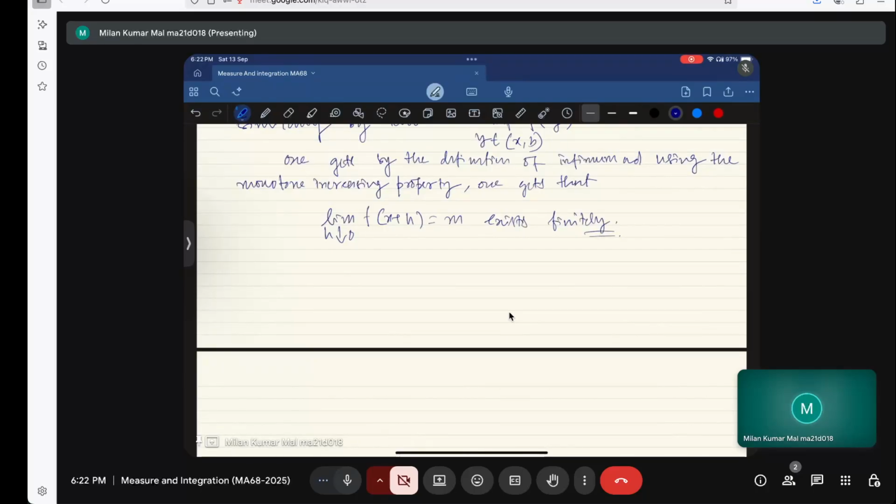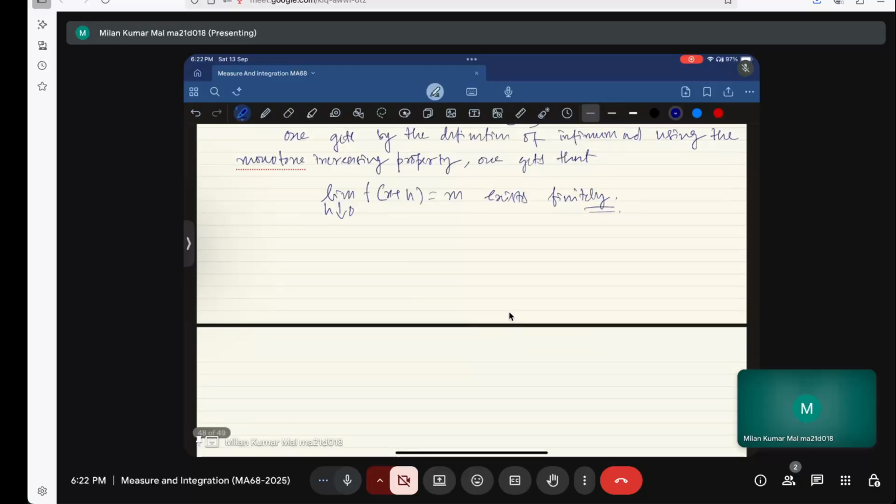Okay, this completes it. So therefore f of x plus h, and a similar argument for the monotone decreasing functions one can do.